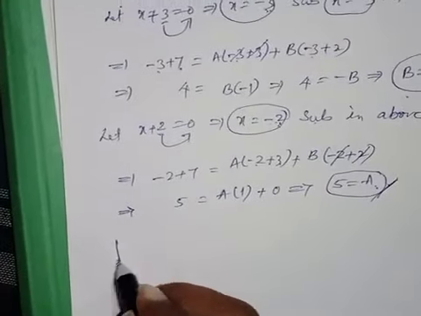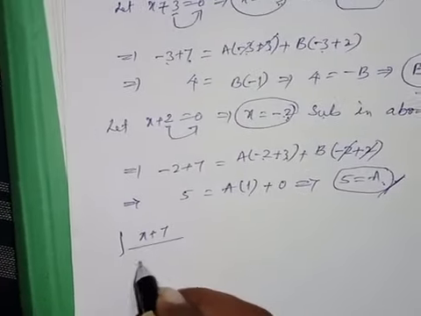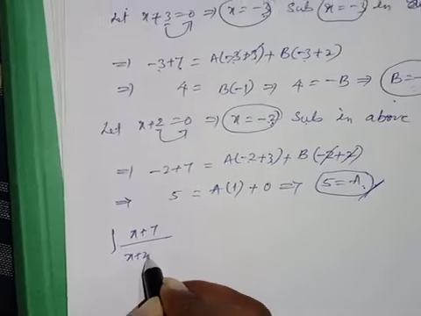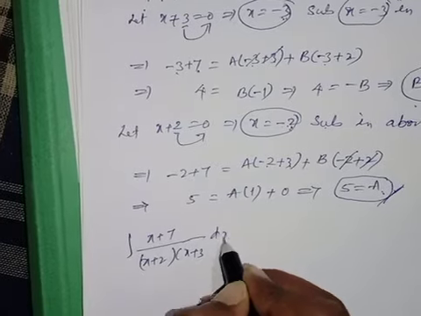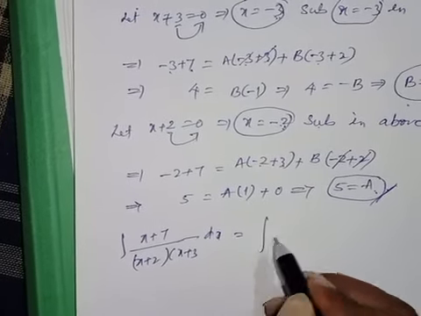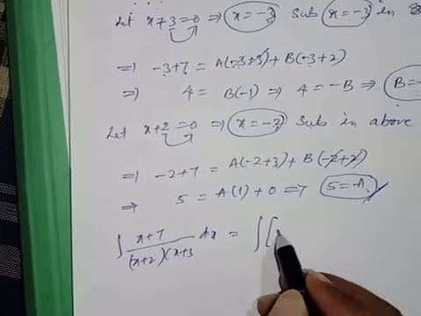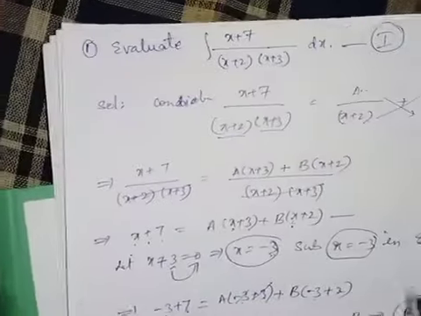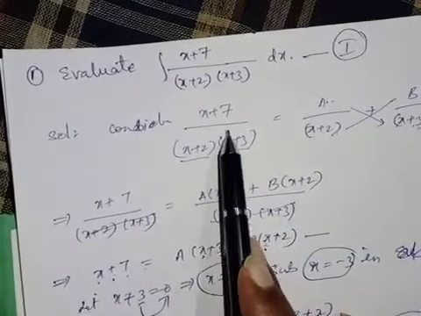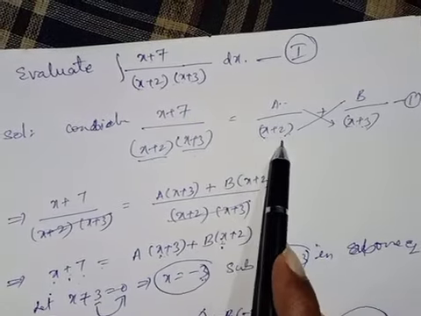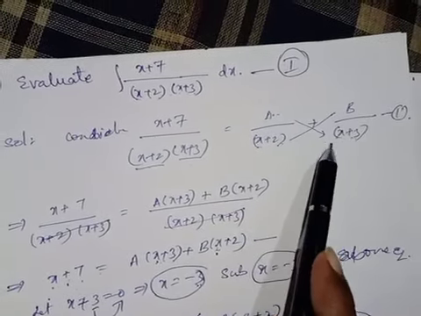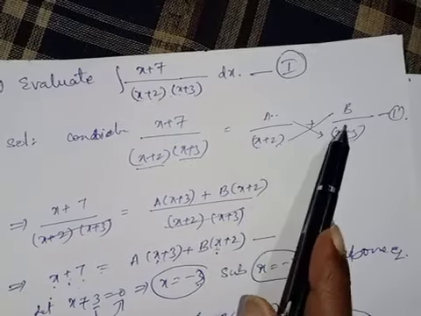Now the integral of (x + 7) upon (x + 2)(x + 3) dx is equal to the integral of, see, before that, what is equation number 1? Equation number 1 is (x + 7) upon (x + 2)(x + 3), which is equal to A by x + 2 plus B by x + 3. We know the A and B values, substitute here.